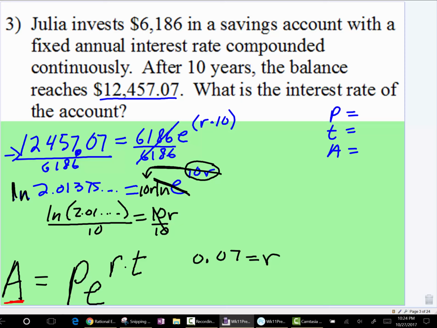We want to convert that decimal back to an interest rate, so just multiply that by 100, and we get 6.99%, or about 7% for 10 years. For this balance, it only took 7 years for that amount to double at that interest rate.